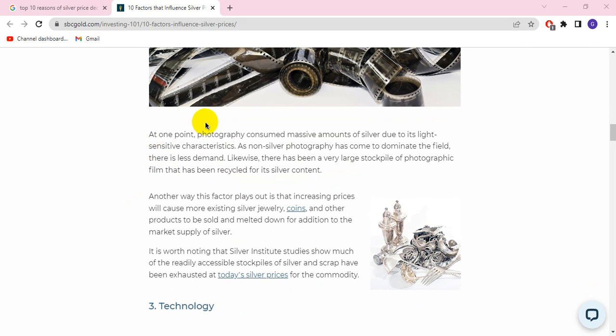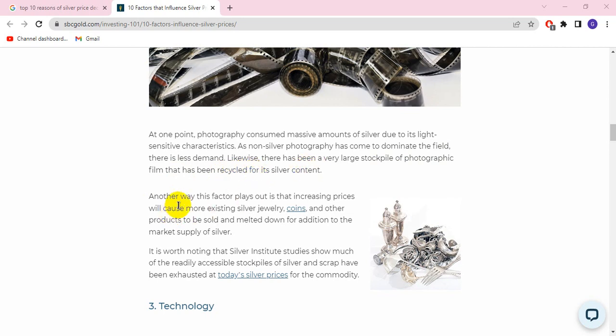The next one is silver scrap. At one point, photography consumed massive amounts of silver due to its light sensitive characteristics. As non-silver photography has come to dominate the field, there is less demand. Likewise, there is a very large stockpile of photographic film that has been recycled for its silver content.